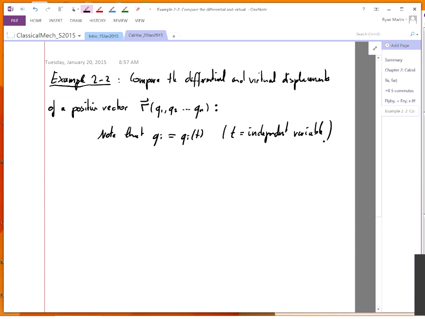It's what we called x just previously. So in principle, r could also be a function of t. Let me add in t.